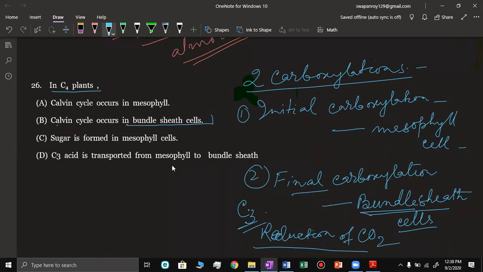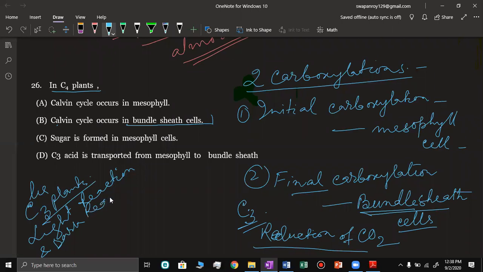In case of C3 plant, the light reaction and dark reaction both occur in the mesophyll cell.